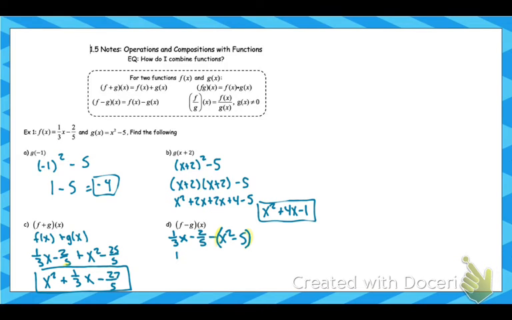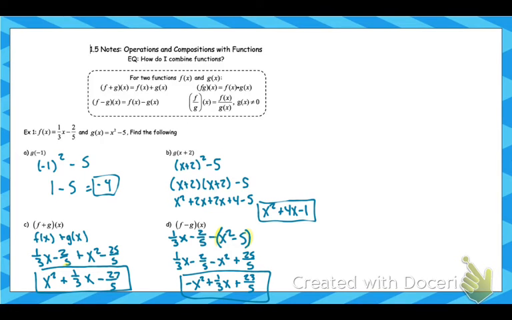So now I can rewrite this as minus x squared plus 5. So this would become negative x squared plus 1/3 x, negative 2/5 plus 5. Again, I'll get a common denominator, so 5 will become 25 over 5. Now I can add those two together and get 23 over 5.